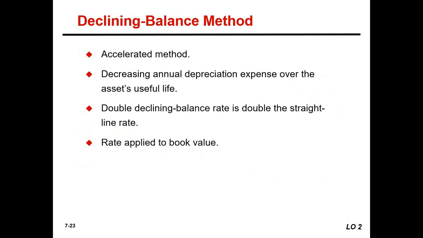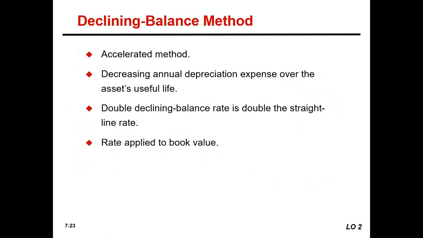The declining balance method has several different calculations you can use. You can just use declining balance. You can use double declining balance. Double declining balance is roughly double the straight line rate. But that rate, instead of being applied to cost, is applied to book value.